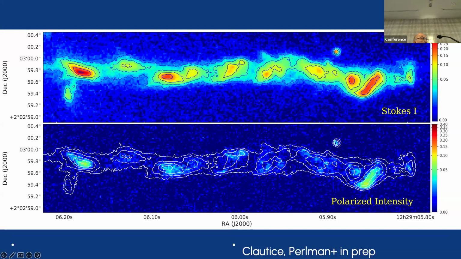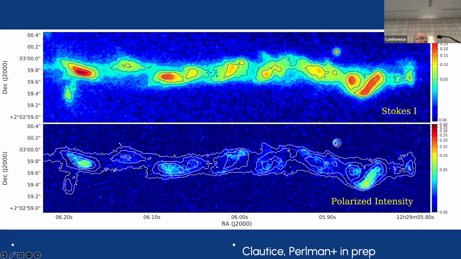Now, for jets like 3C273 and PKS 0637, the issue of whether we could see polarization was important because we didn't know whether that high energy component was synchrotron radiation or whether it was inverse Comptonized CMB radiation. Inverse Comptonized CMB isn't polarized, because the seed photons are not polarized.